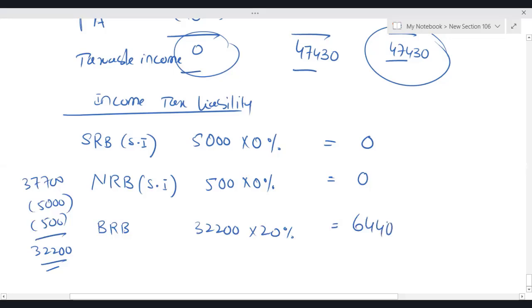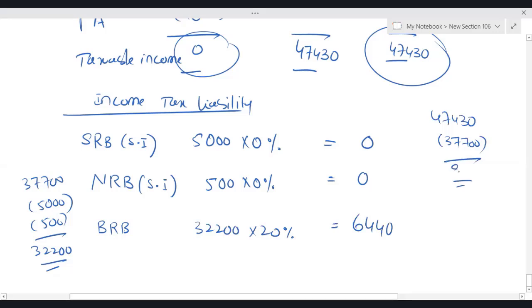Taxable income is 47,430. We have taxed 37,700. Now let's see how much falls in the higher rate band. 47,430 minus 37,700.